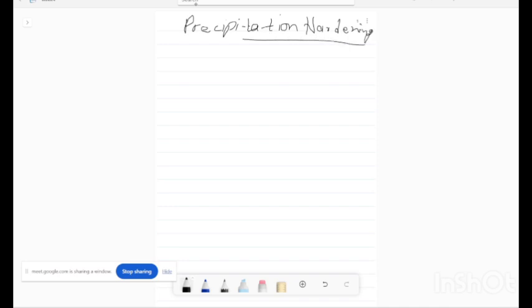So the precipitation hardening sequence is: the first is isothermal heating for a certain period, second is quenching, and third is aging.